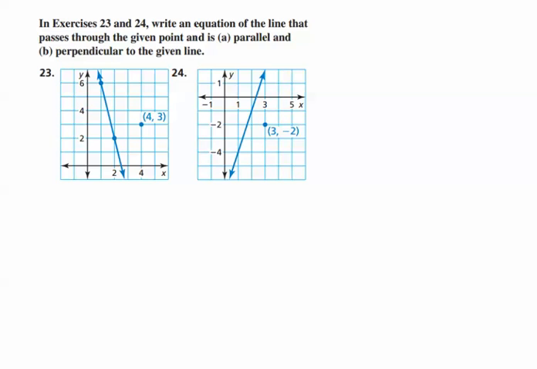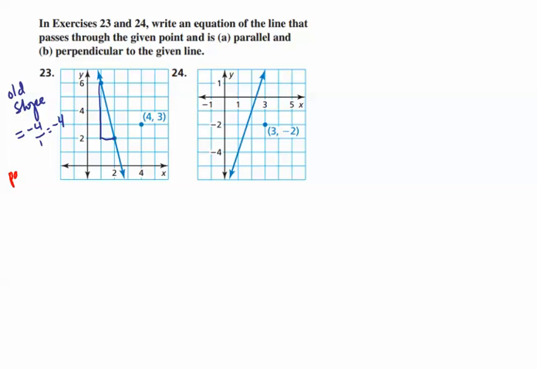So the first thing we can do then is to find the slopes of these lines. The first line goes down 1, 2, 3, 4, and right 1. So the old slope is -4/1, which is -4. When I want to be parallel to that line, I have to have the same slope. When I want to be perpendicular to that line, I want to have a slope that is opposite and reciprocal.